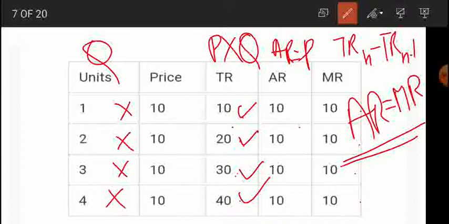Now what about total revenue? Total revenue increases at constant rate with the increase in output. And what about the curve of total revenue? It is a positively sloped upward rising curve.